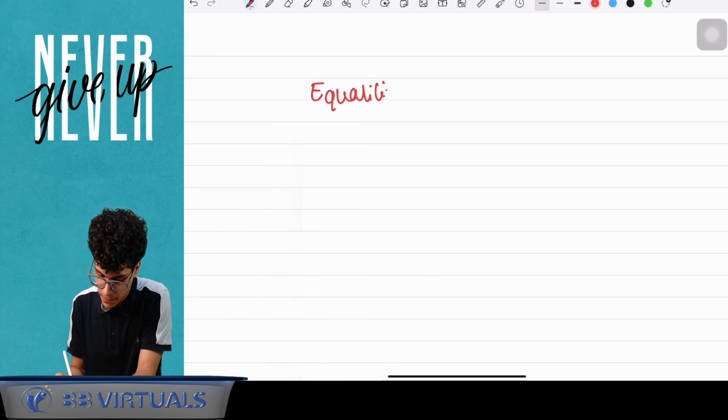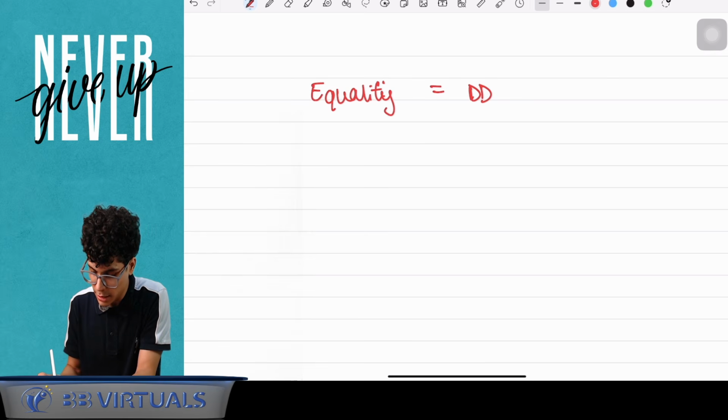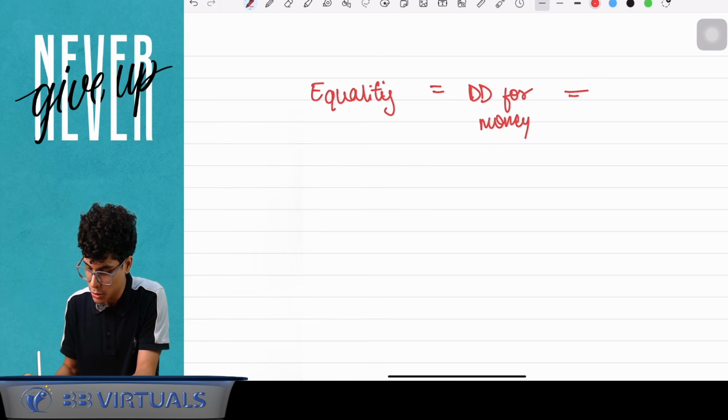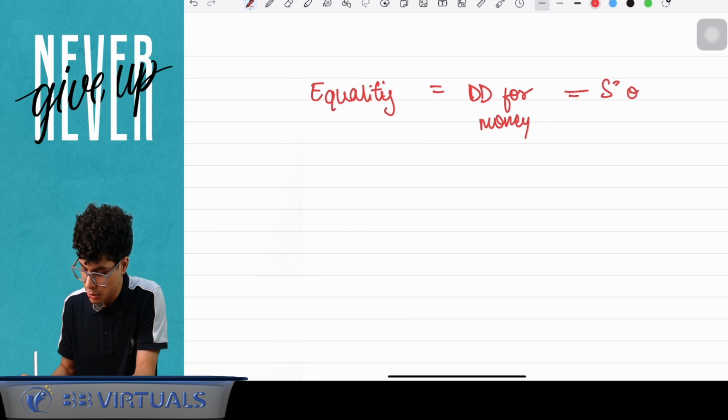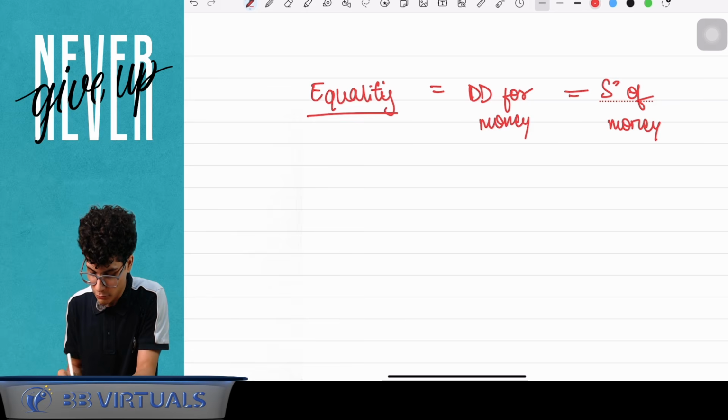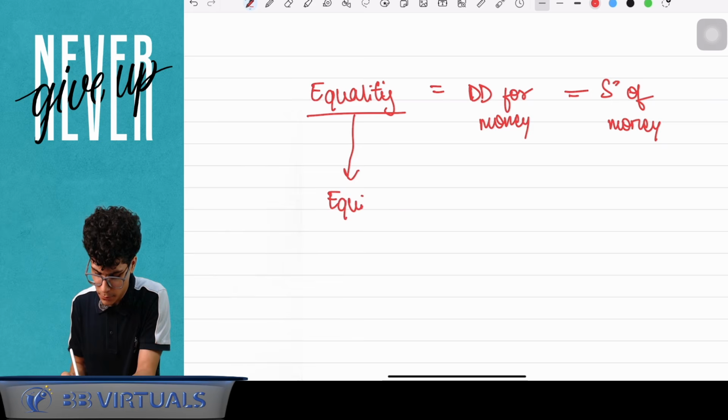Equality will be where the demand for money is equal to the supply of money. And from this what we will get? We will get the equilibrium interest rate.